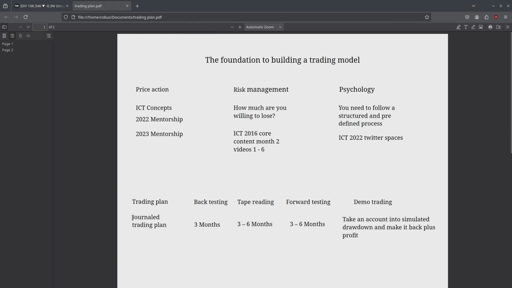So a trading plan, that is going to be a journaled trading plan. So it's going to be a plan that you have written down in your notes. And 2022 mentorship, 2023 mentorship, ICT gives you a basic foundation of a trading plan. Like I have said in previous videos, you need to take that trading plan and you have to add to it.